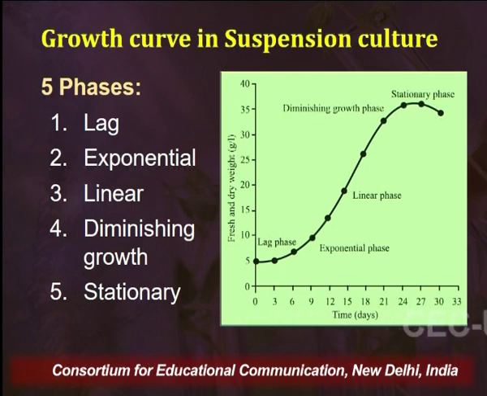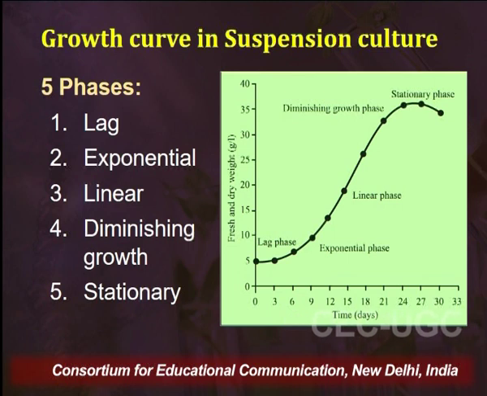And once the concentration of the nutrients in the culture media goes down, the cell division rate and the growth rate of the cells decrease. Here these cells enter into the diminishing growth phase of the sigmoid curve.